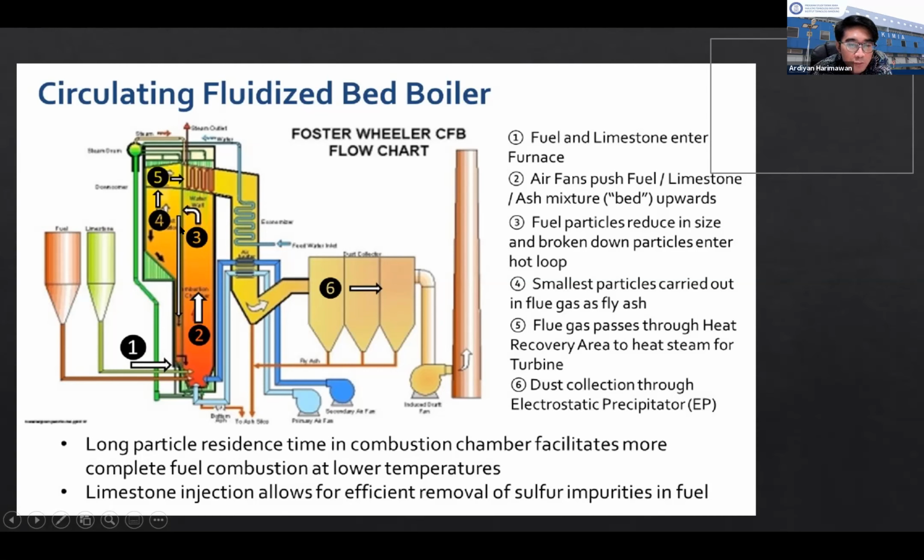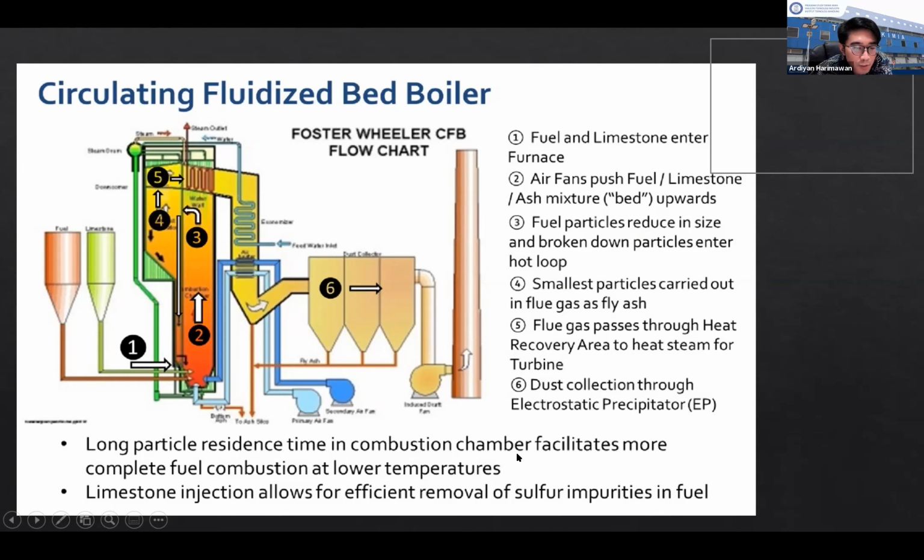And then after that, the smallest particles are carried out in the flue gas as fly ash. Flue gas will pass through the heat recovery area to heat steam and also for the turbine. And then the dust will be collected through the EP, or electrostatic precipitator.